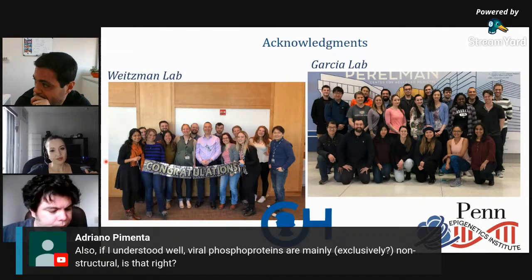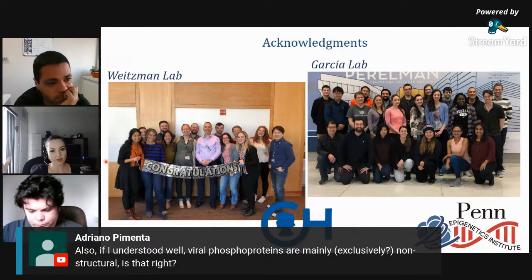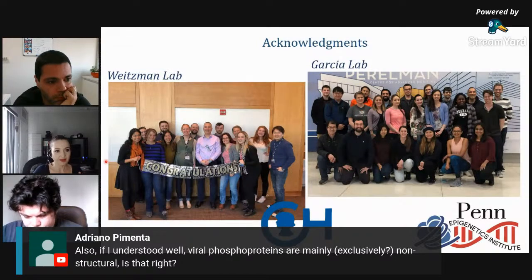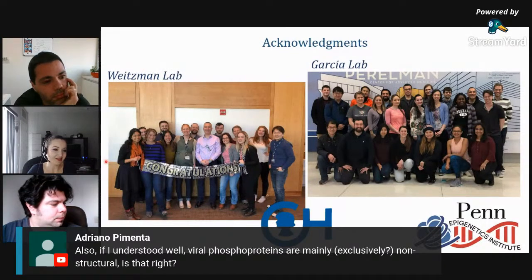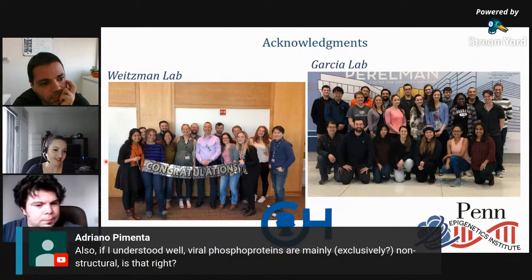And they can accumulate more modifications because they may perform more functions over this time. But this would be just a theory. While the structural proteins are primarily the late ones, which are supposed to create the particle, so they maybe accumulate fewer phosphorylations over this time because they appear nearly when the virus is leaving the cell. But this is just my theory.